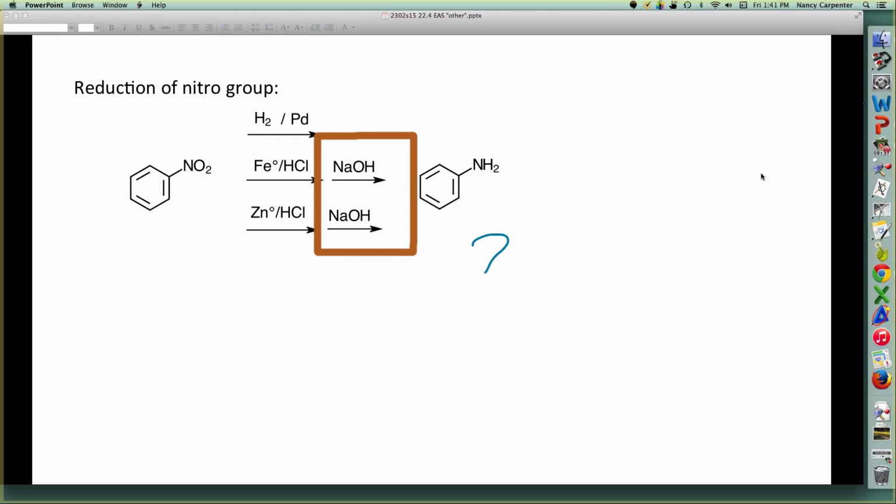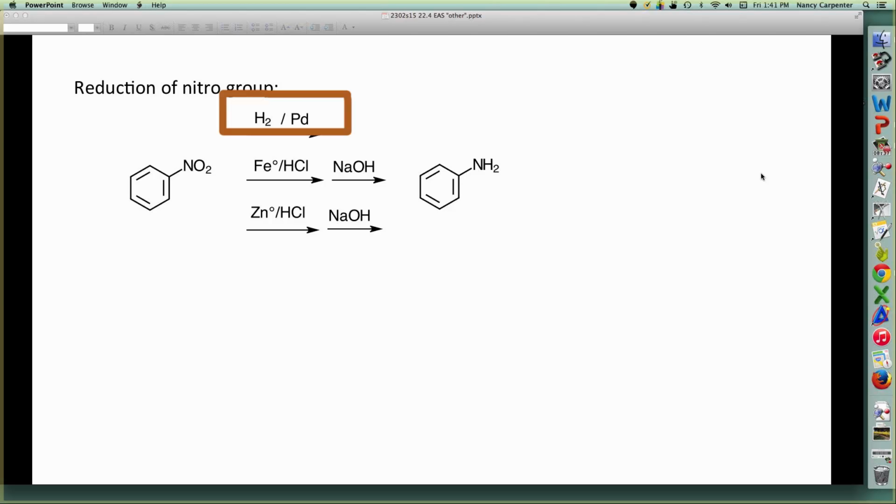And as with the reduction of carbonyls, one option that you can use is catalytic hydrogenation, and that works very neatly and cleanly.